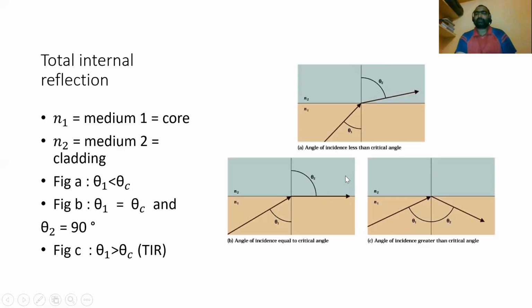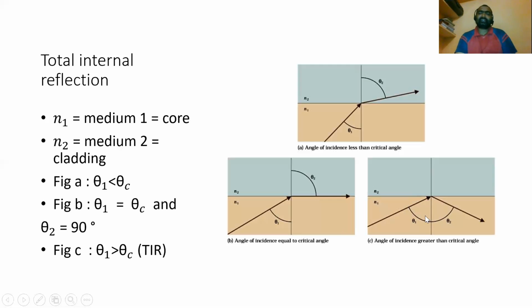The light ray travels along the boundary line between the two mediums. So here the angle of refraction theta 2 is 90 degrees. Now let us concentrate on figure C.